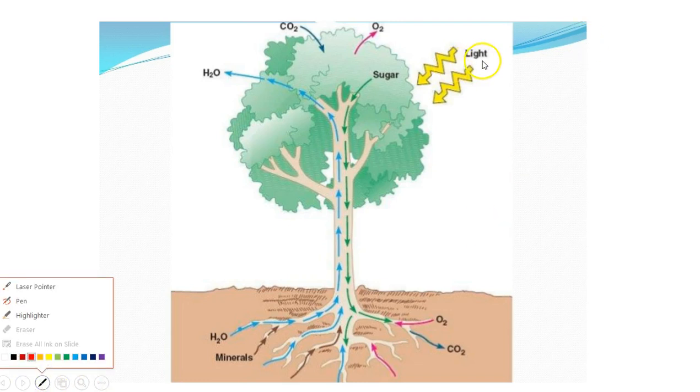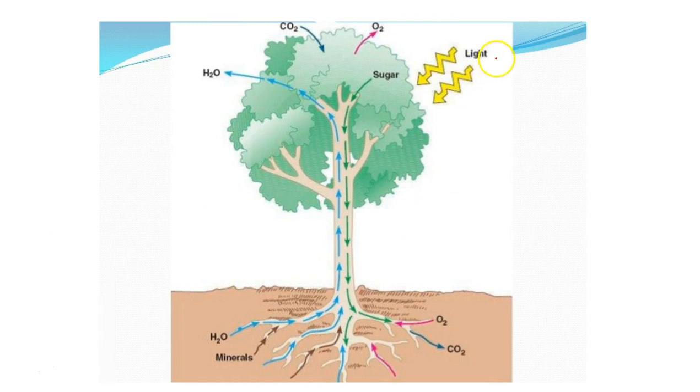Okay, let's review a couple of things here. So we know that plants produce glucose through photosynthesis with the help of sunlight. So sunlight goes in, carbon dioxide goes in, and then water, of course, comes up into the roots and travels up the xylem.